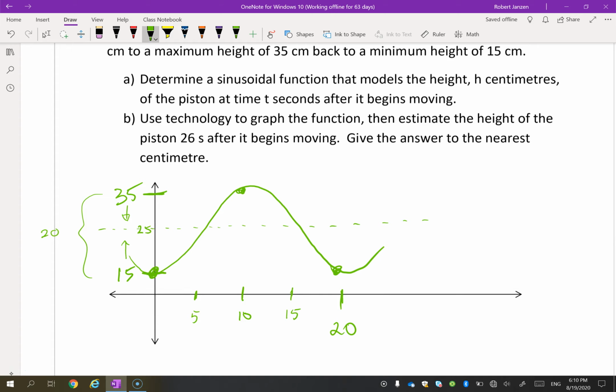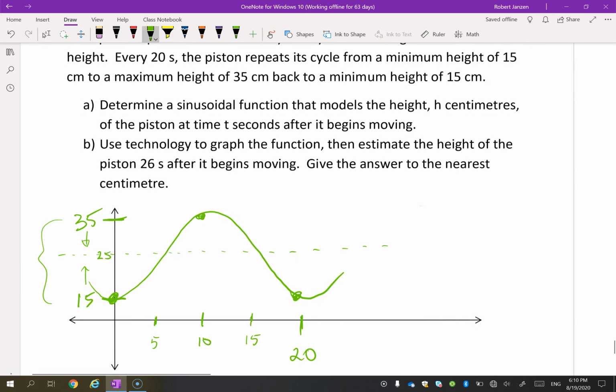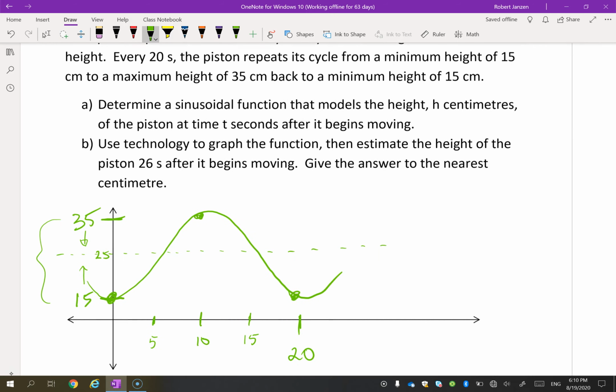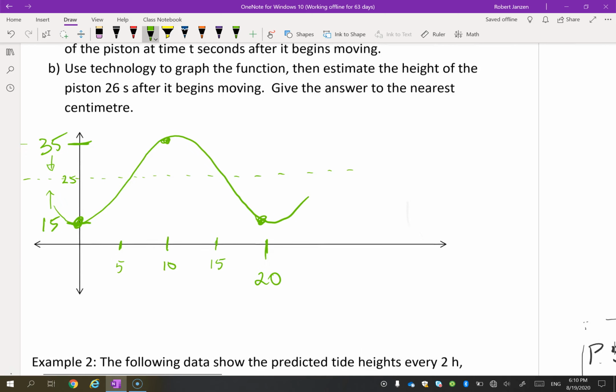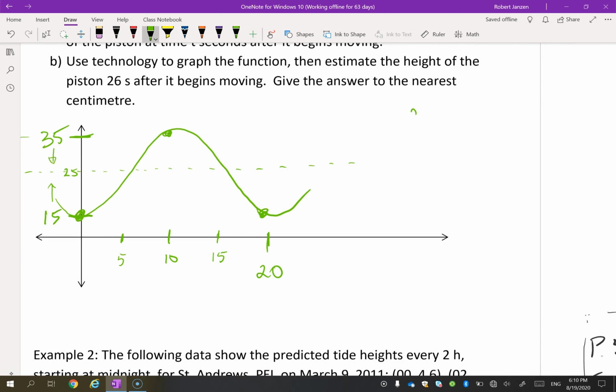So it says, determine a sinusoidal function that models the height. Here you have a graph, and if you want a function, how do you write the function? Well, you need to know what A, B, C, and D are. You can see that the midpoint is 25, and we've already figured out that the amplitude is 10. It goes up and down 10 from the midline.